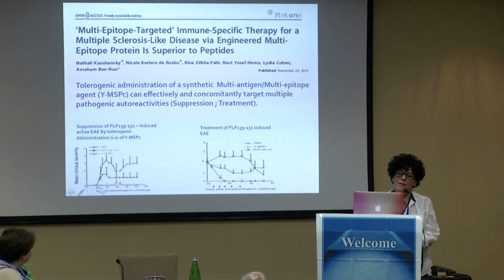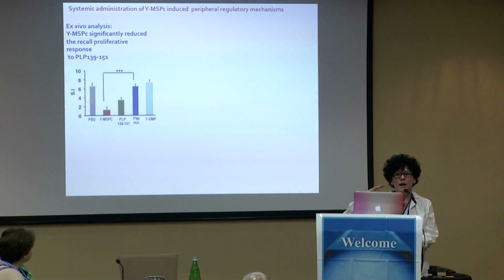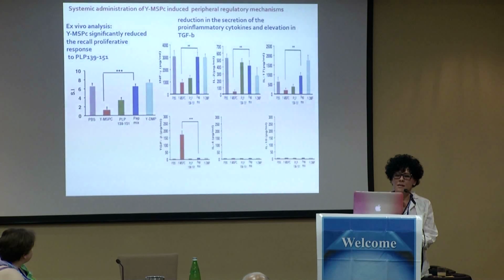That means when mice had already developed clinical EAE, you can see that administration of YMSPC resulted in complete recovery of all mice from the disease manifestation. This disease suppression was associated with downregulation of the pathogenic T cells and with downregulation of the pro-inflammatory cytokine secretion like interferon gamma, IL-2 and IL-17, and elevation of TGF-beta, as you can see here.